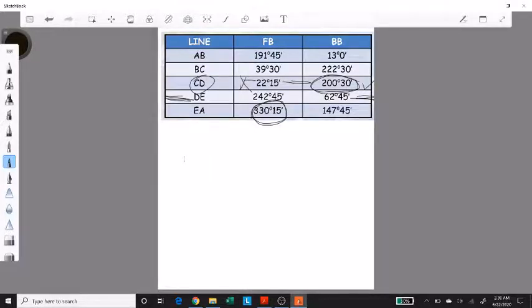So the forward bearing of the side EA is correct, and whatever difference we get from 180 degrees by subtracting back bearing of the line EA from the forward bearing, all the error has to be adjusted in this value over here and none in the value over here. So this is how this mechanism works.